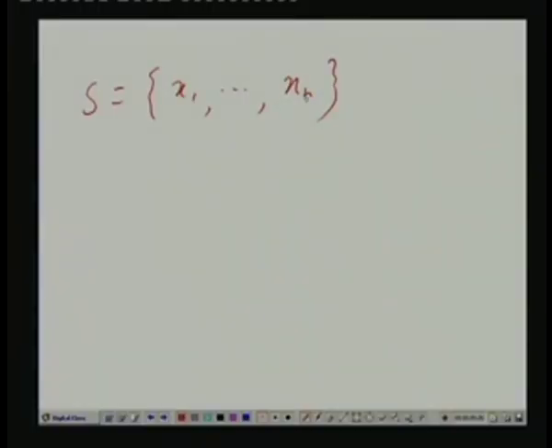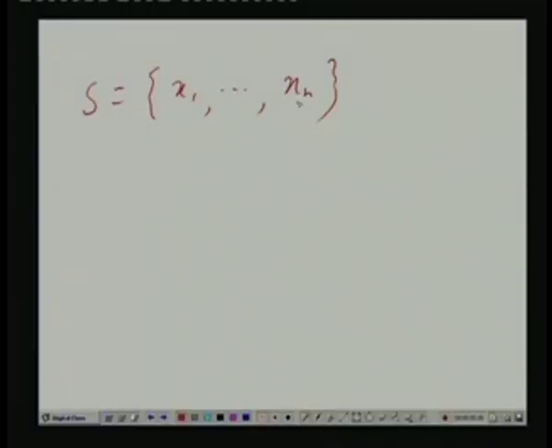Anyway, you can easily see that if a set S is linearly independent, then any subset of that set is also linearly independent. That is because if it is not so, that is, if the subset is linearly dependent, that means within the subset there is at least one vector which can be expressed as a linear combination of the remaining ones, which means a random variable of the set S is expressible as a linear combination of some other members of the set, which makes it linearly dependent.